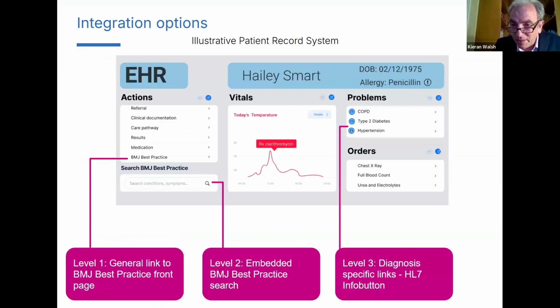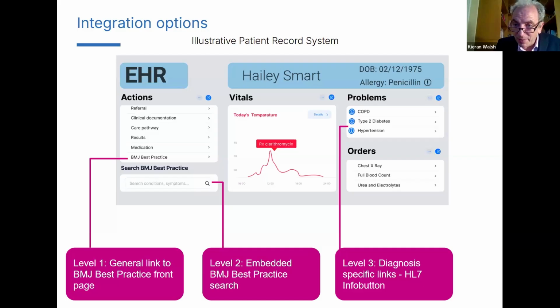One other important point about access is that BMJ Best Practice can be made available through the electronic healthcare record. The content is chunked up and semi-structured. It's tagged and coded to ICD-10, SNOMED CT. It's HL7 infobutton compatible, and we're working towards the FHIR standard.